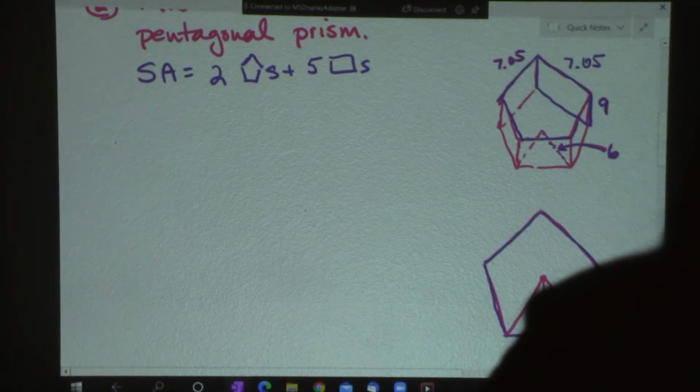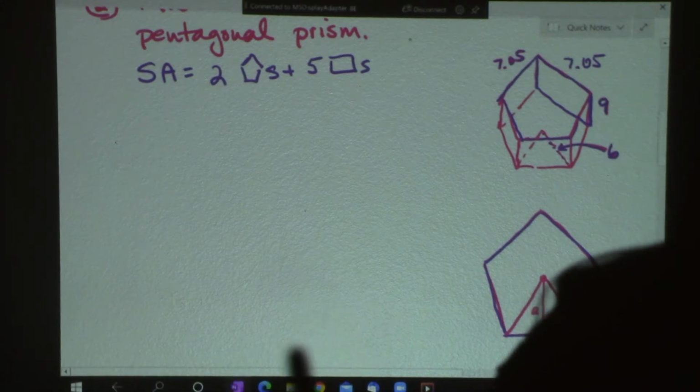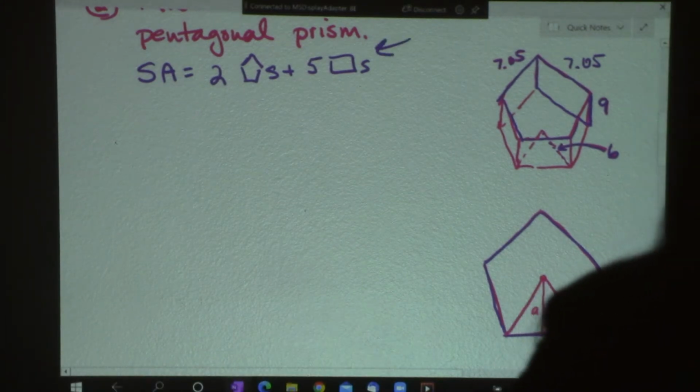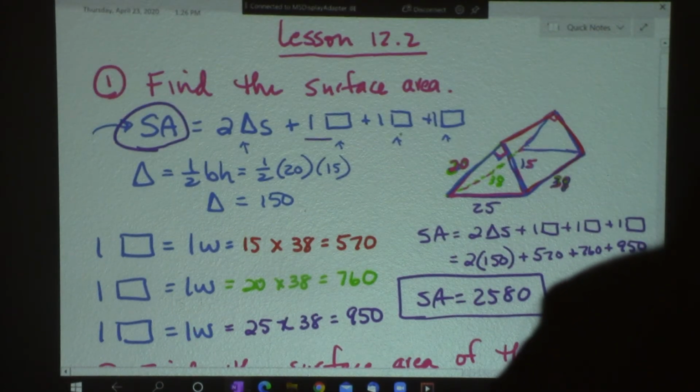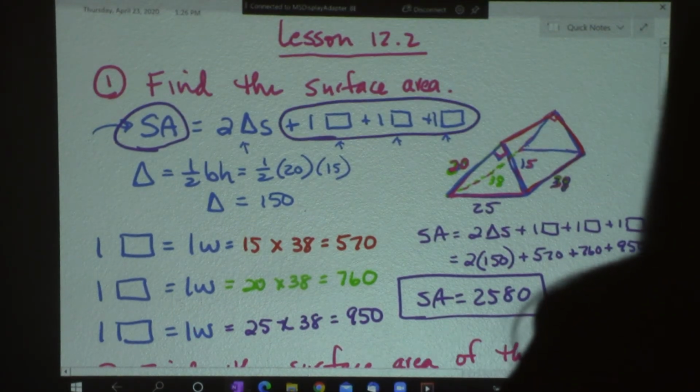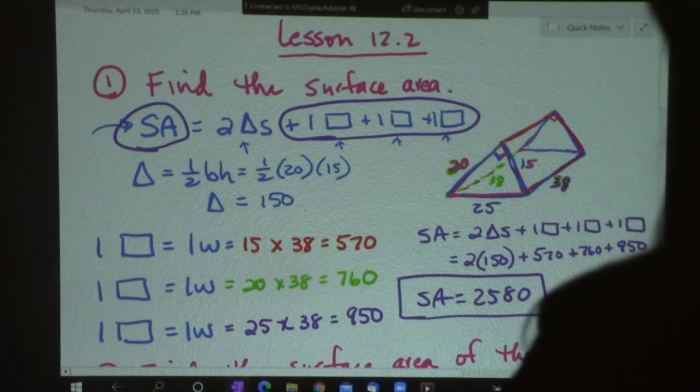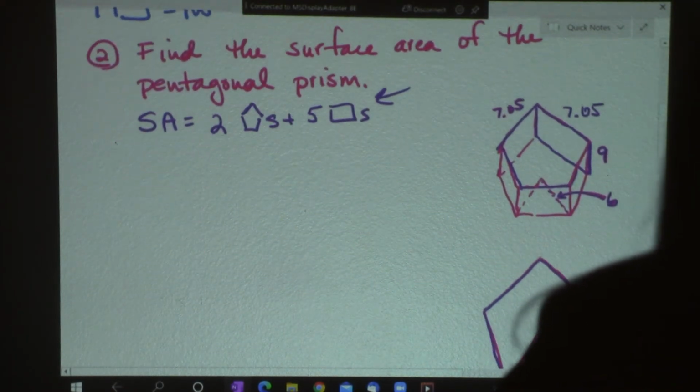Okay? So that's why I can group them all to be the same. Whereas up here, I mentioned this already, all 3 of these rectangles were different. So I wanted to keep them separate so I didn't forget anything or make a mistake.